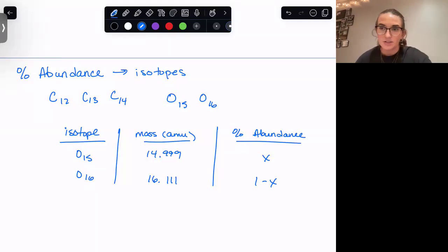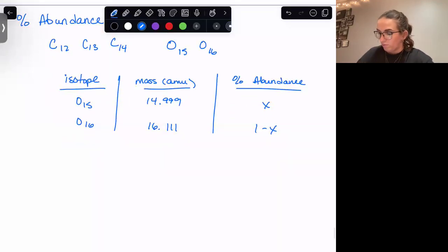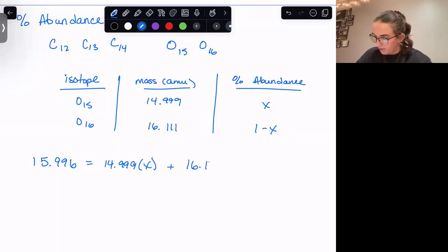So if we're trying to find the percent abundance of oxygen for both of these, right? We can take our molar mass from the periodic table for oxygen, which I think is given to you as 15.996, something like that, on your periodic table. And you set this up by saying the mass times its percent abundance plus the other mass times its percent abundance.